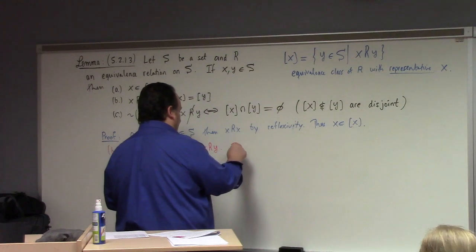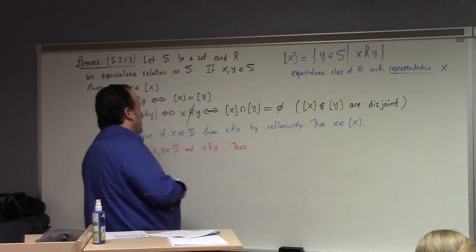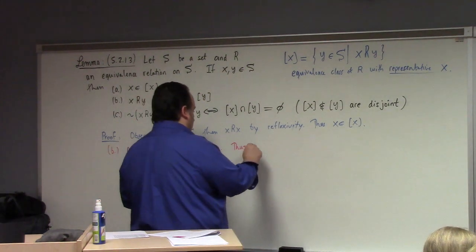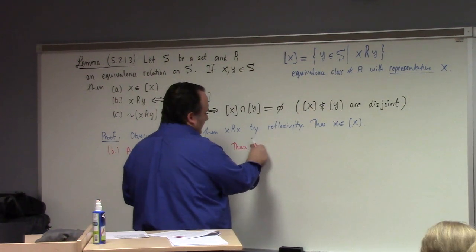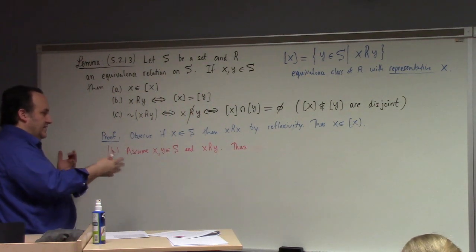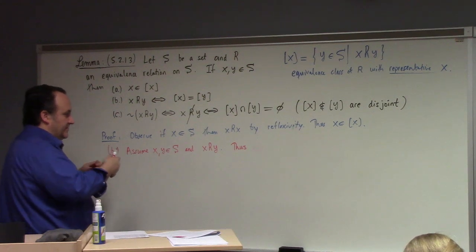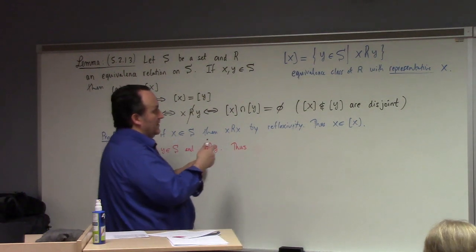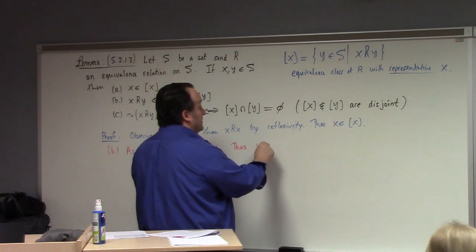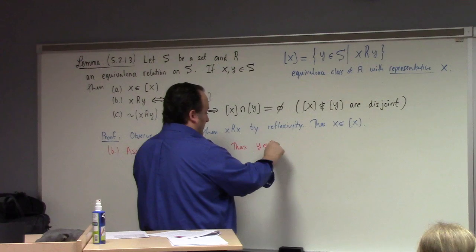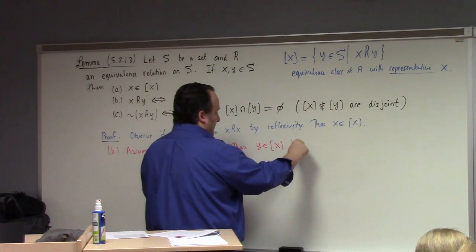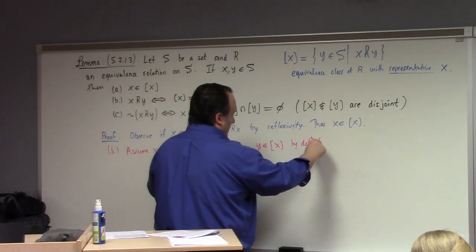Thus what? How about this? Y is, well, there's two different things to say here. The one thing I can say is this shows you that y is an element of the equivalence class represented by x, by definition of equivalence class.